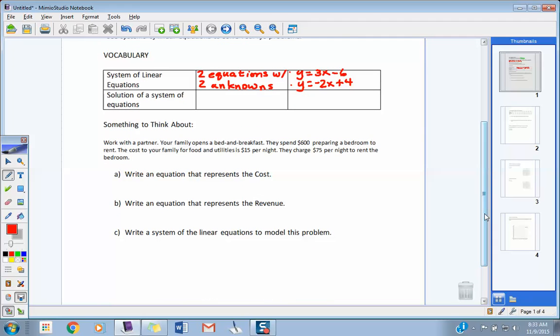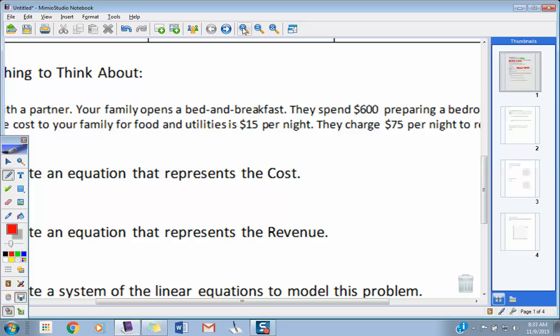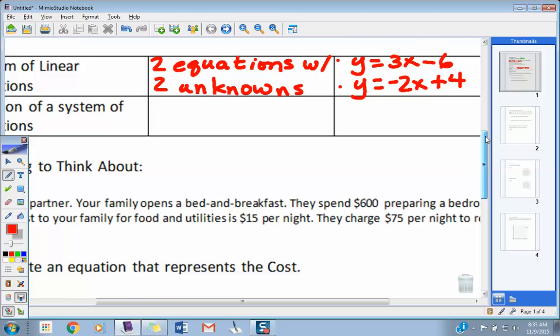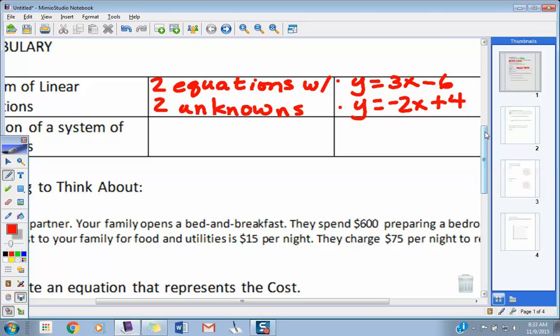And then a solution of a system of equations is going to be the following. It's going to be an ordered pair, x comma y.